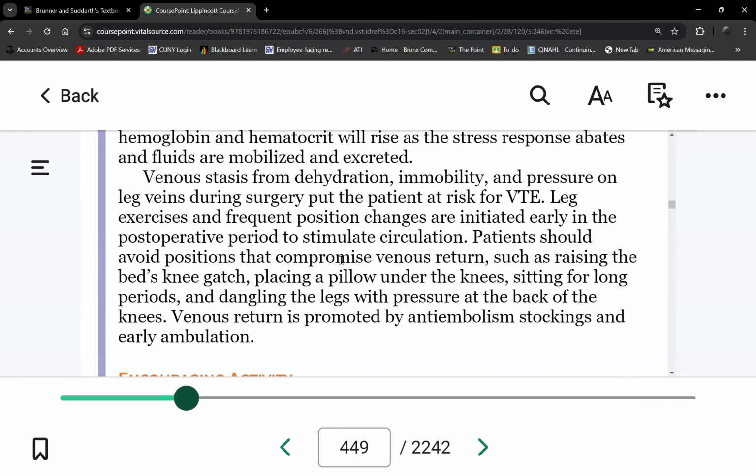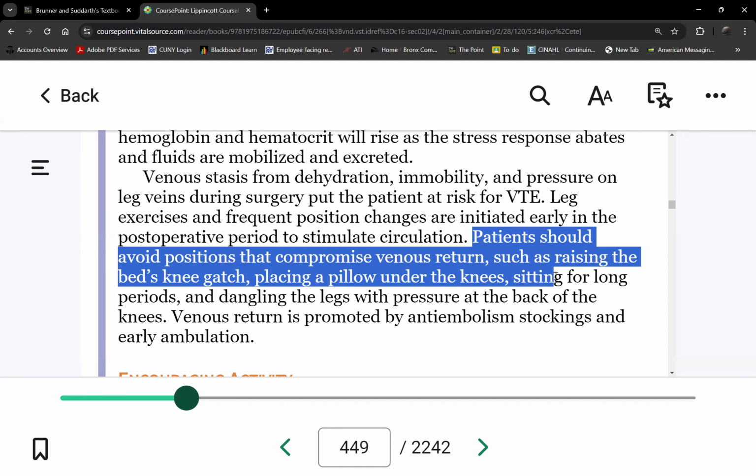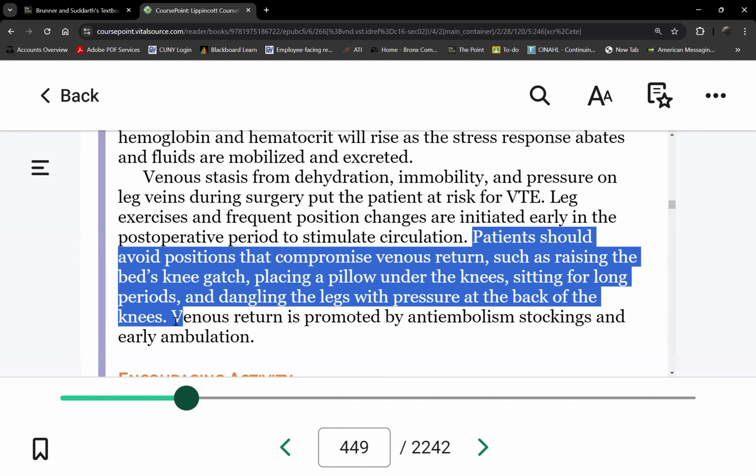When you elevate the legs, where do you put the pillows? Somebody said under the knee. So for those who said under the knee, please read the statement. Where do we put the pillow?